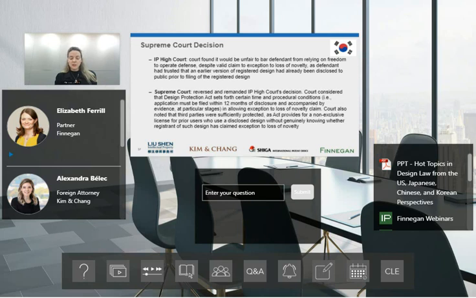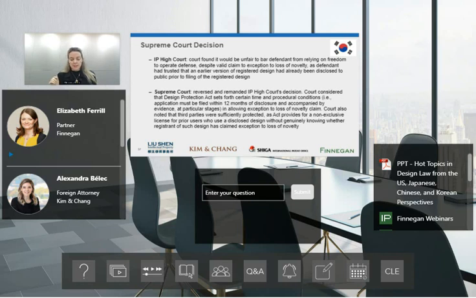And so basically the IP court thought that third parties, like the defendant, that were relying on this should be protected against infringement action. So the Supreme Court rejected this interpretation of the law and reversed the decision.